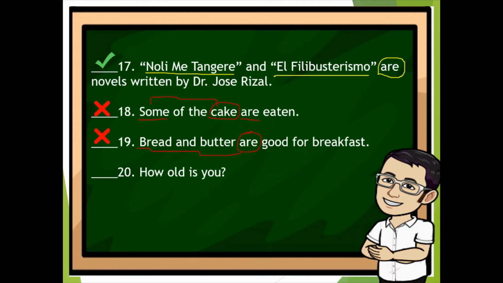It should be is and not are. So the right sentence for this is: bread and butter is good for breakfast. And number 20, how old is you? The correct answer is X mark. Why? What is the error in this sentence? Correct, is. What should be the verb? Are.